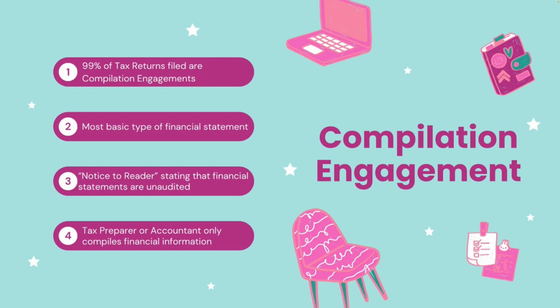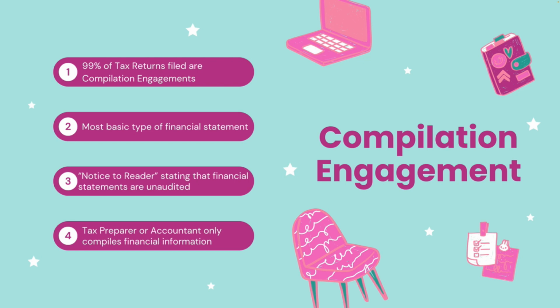Yeah. So as we mentioned, 99% of tax returns filed are compilation engagements. This is the most basic type of financial statements. There is no assurance as to whether the numbers are correct or anything like that. That's why there's something that comes with it called a notice to reader.